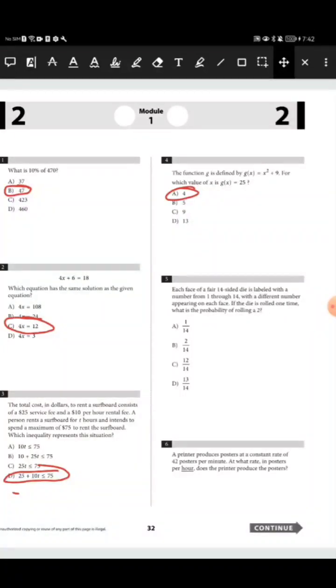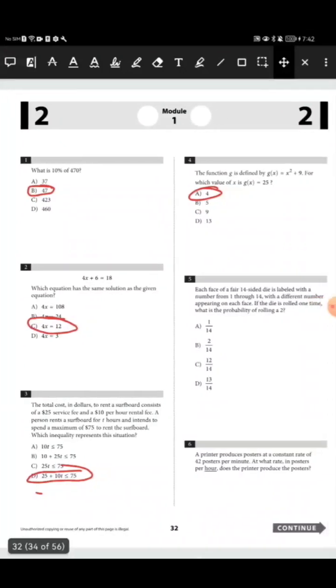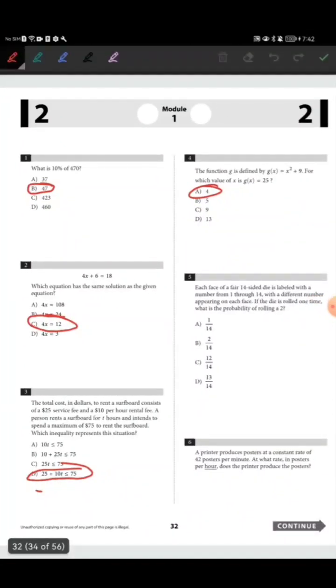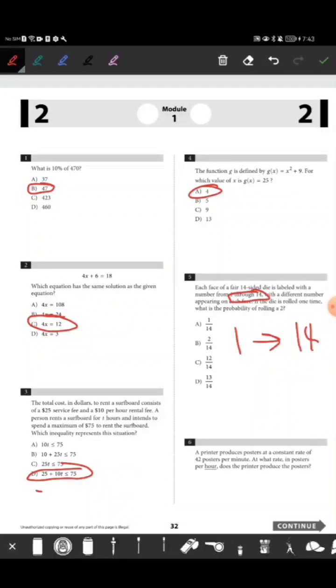So the number 2 occurs from 1 to 14 once, right?